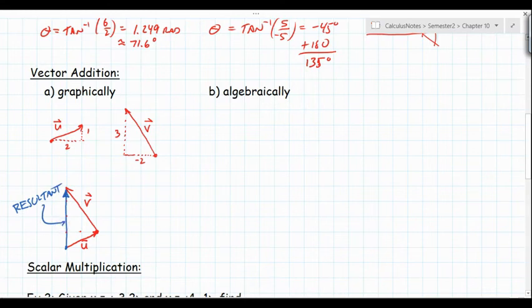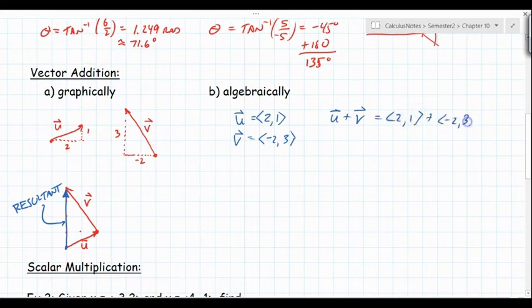And then we can do the same thing algebraically by writing the vectors in component form. If vector u, I'll use the same two vectors that I did graphically, the vector u would be 2, 1. The vector v would be negative 2, 3. When I add those, vector u plus vector v, I just add the x components. So 2, 1 added to negative 2, 3.